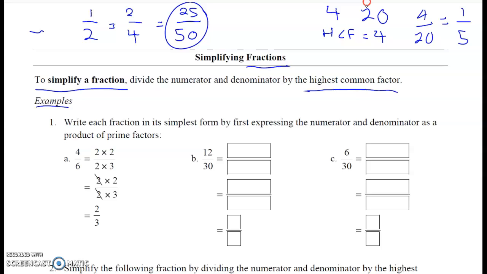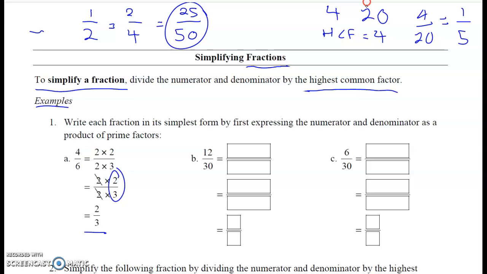Okay, so the first one's been done for us. So 4 out of 6 is the same as 2 times 2, which is its product of prime factors, and 6 is the same thing as 2 times 3. And you can all see that they've got a common factor of 2. And so if we just cross that off on the numerator and the denominator, we simplify it down to 2/3.